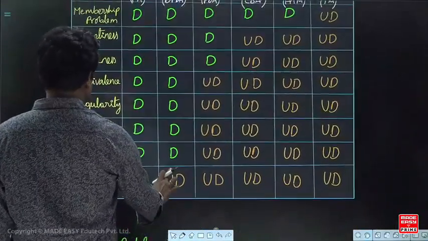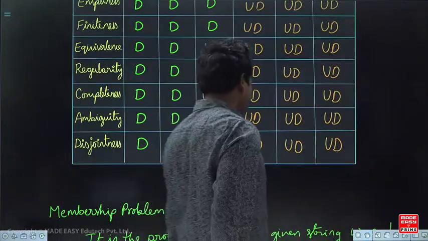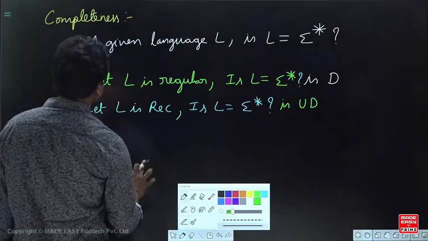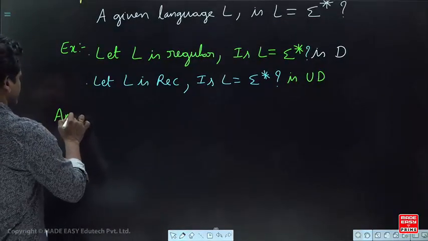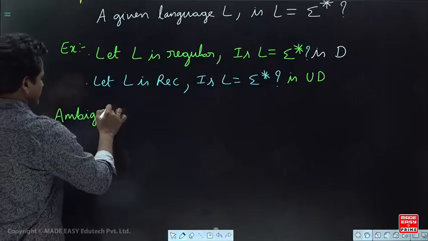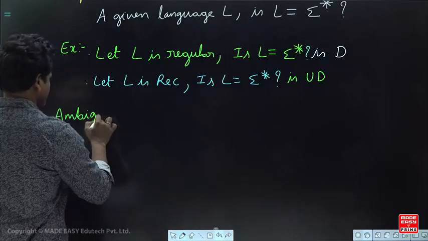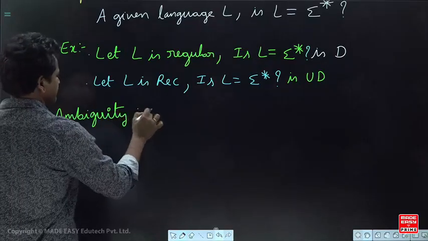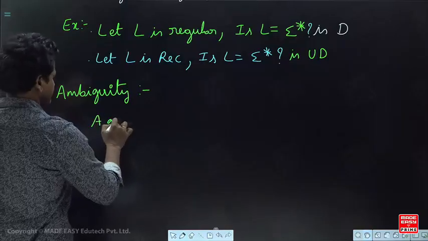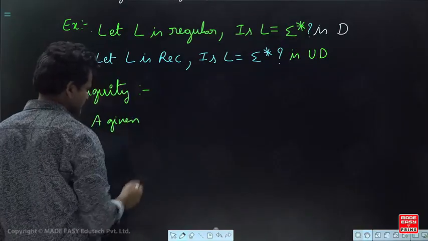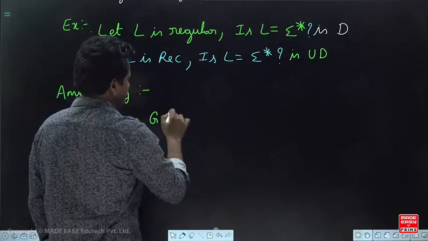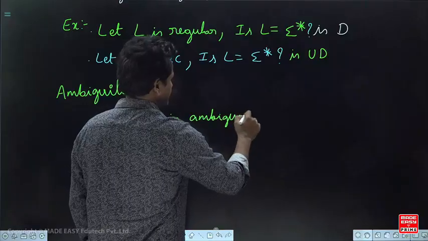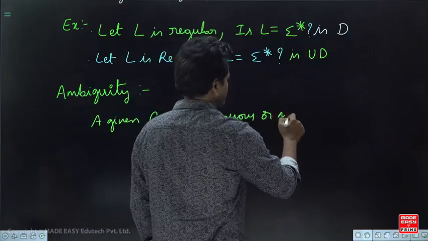Next one, ambiguity. Ambiguity is decidable only under regular and DCFL. Ambiguity: a given grammar is ambiguous or not.